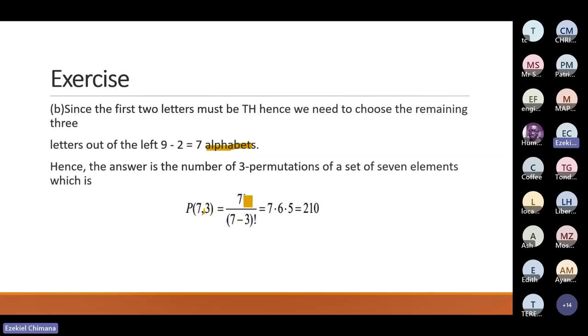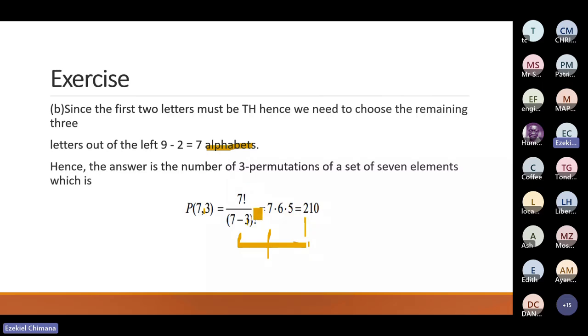So it will now become 7 factorial over 7 minus 3. This 7 minus 3 is 4. So it's now 7 factorial over 4 factorial. That's why you see that here for 7 times 6 times 5.